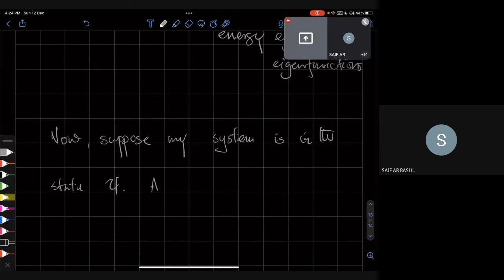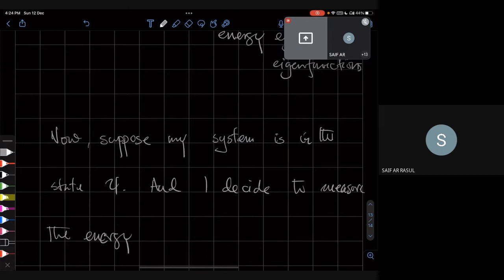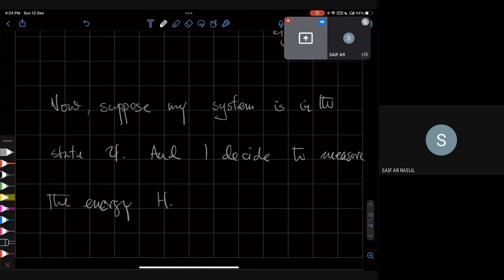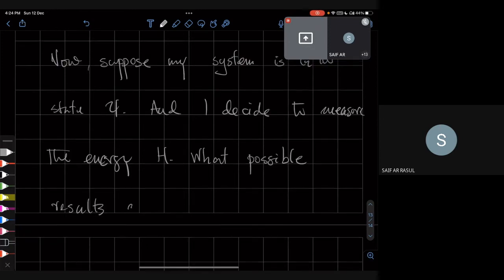And I decide to measure the energy, say H. Now, what possible results can I expect? Okay, what possible results can I expect? Can someone answer this question?